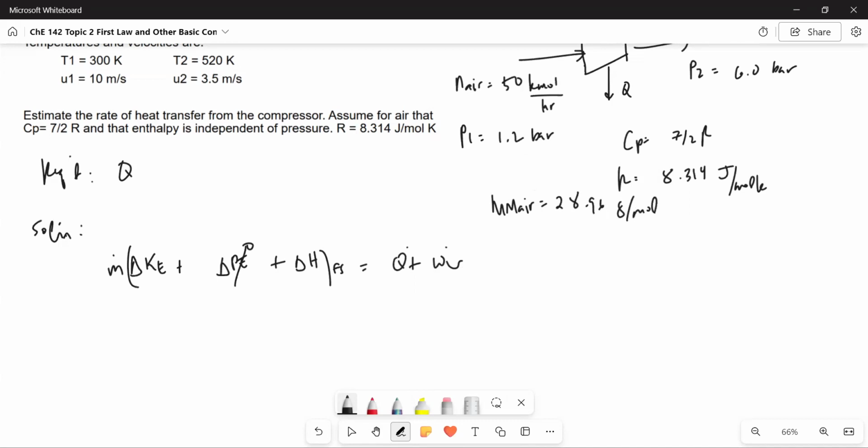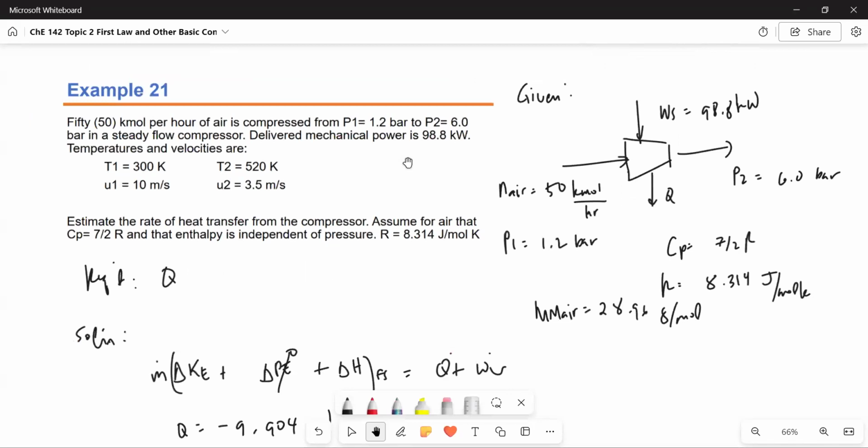So I will leave it up to you to substitute everything. But the answer that you will get there is Q equal to negative 9.904 kilowatts. All right, so this is simply just substitution of the values and dimensional analysis. All right, so that ends the example 21 solution and also ends this video. We will continue in the next video.